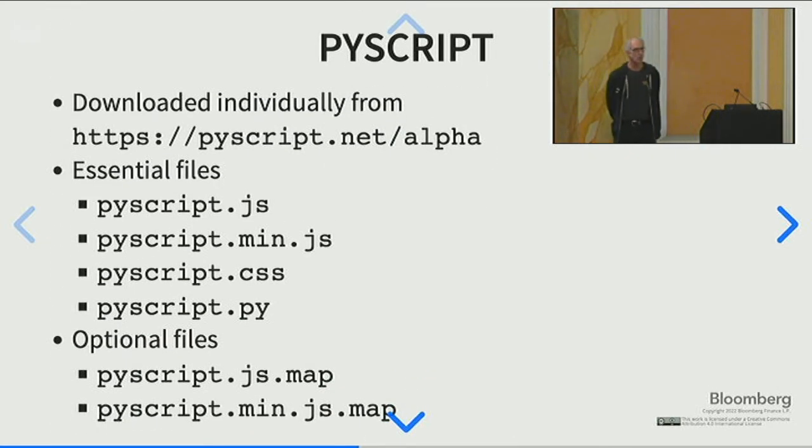So getting PyScript local is relatively straightforward. You need to download from that alpha site 4 key files, 2 of which are JavaScript, 1 which is a CSS, and 1 which is an actual Python file. It's also handy to pull down the 2 map files because that just gives you some additional details if you need to go into the JavaScript debugger.